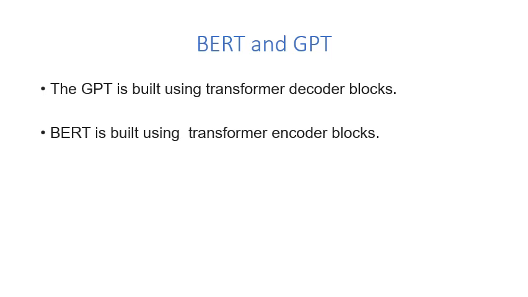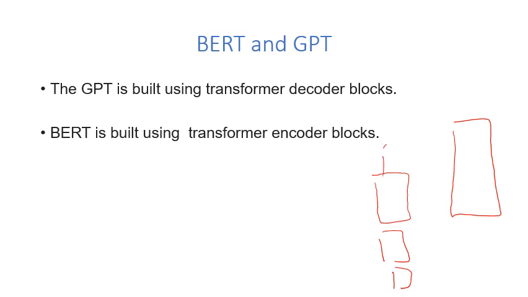So the transformer that we learned had two parts, an encoder and a decoder, right? Now, suppose that I just use the encoder and I use many of these encoders.